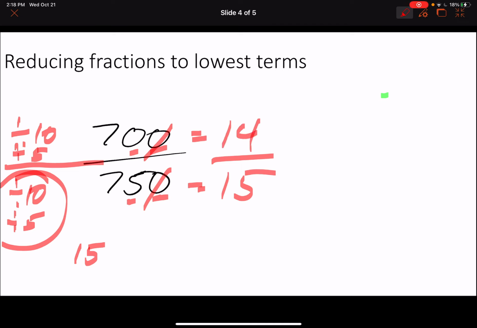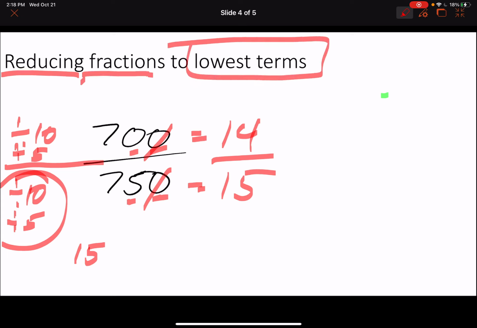And the greatest common factor between these numbers is 1. So I know I have reduced the fraction to its lowest terms because the only thing I can divide by is 1.